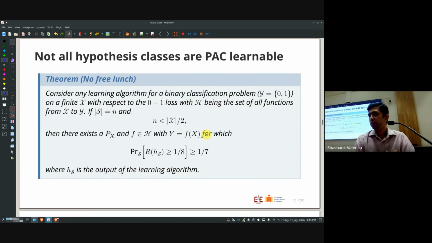So this basically says that if the number of samples is less than half of the cardinality of x, then you cannot achieve arbitrarily small epsilon and delta. So you can't achieve an epsilon less than 1 by 8 with delta less than 6 by 7.